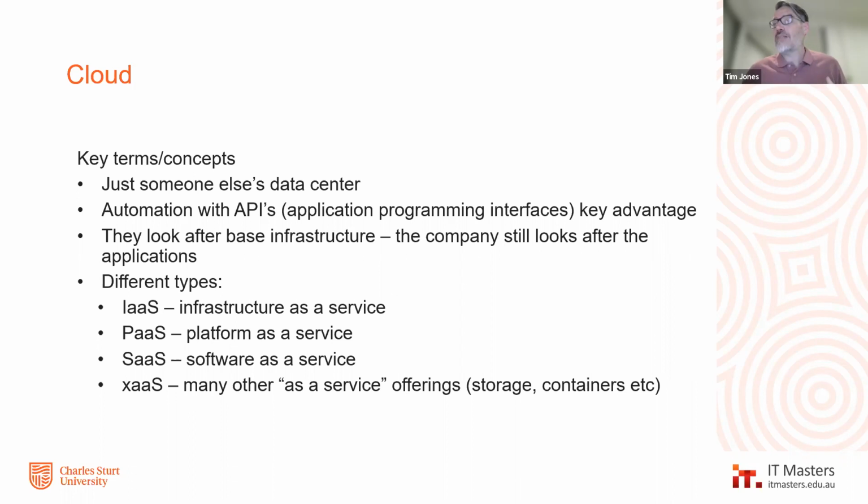Other key parts of the cloud environment is automation through APIs, or application programming interfaces. We also have the ability to have automation around how we deploy all of these systems and manage that scale up and scale out sort of manner.